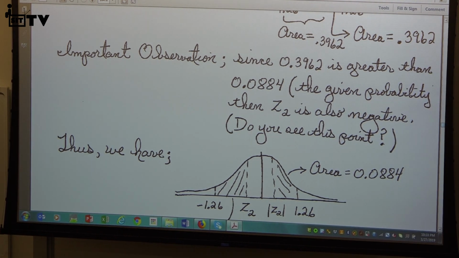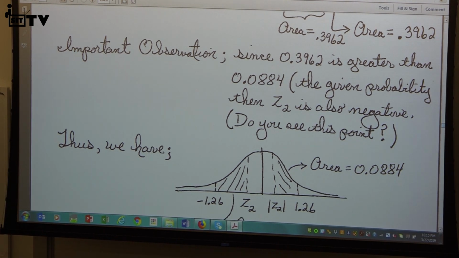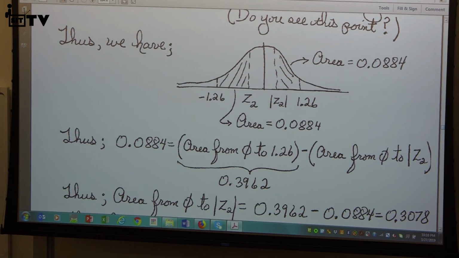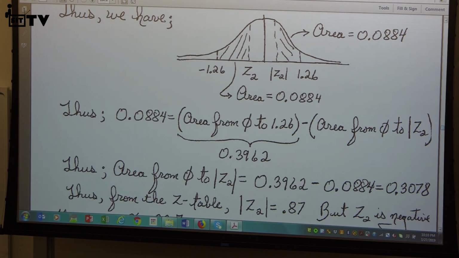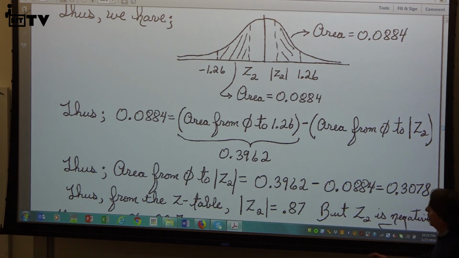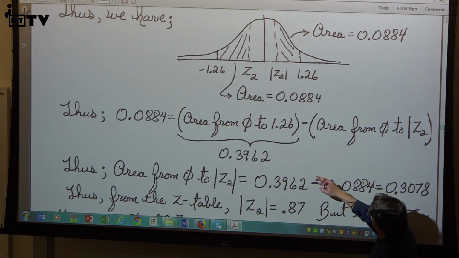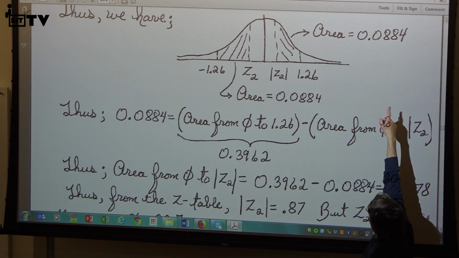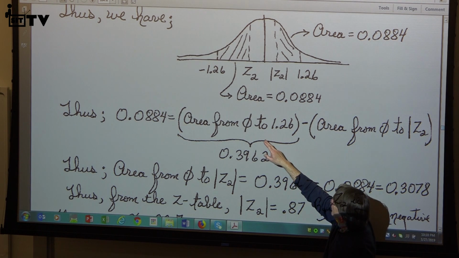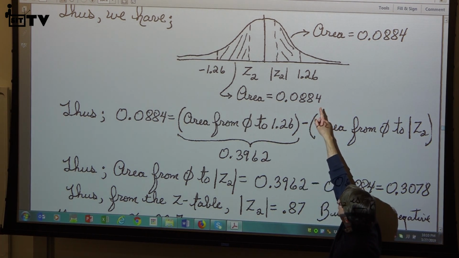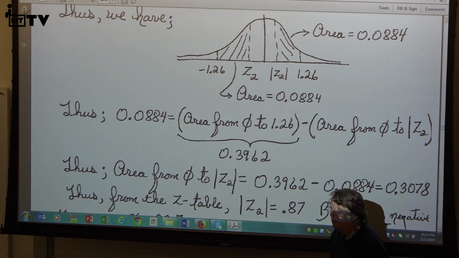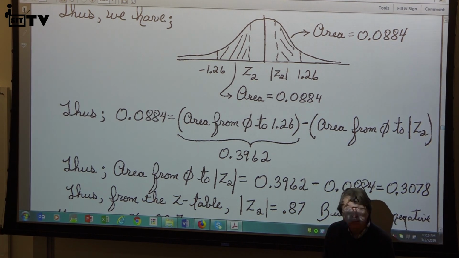So what I find is that area. That shaded area, 0.0884, is the area from 0 to 1.26 minus the area from 0 to the absolute value of z2.